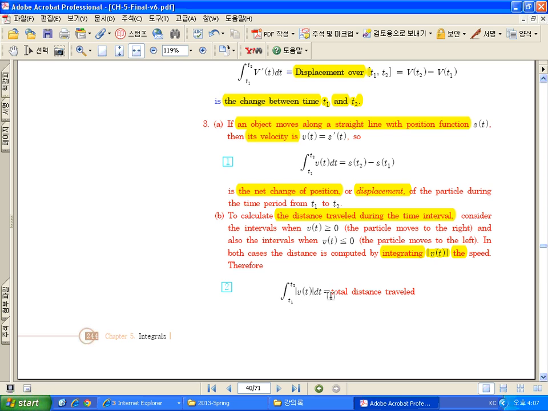Therefore, the integration of this one gives us, if we are looking for the distance traveled during the time period with the speed, the total distance traveled.